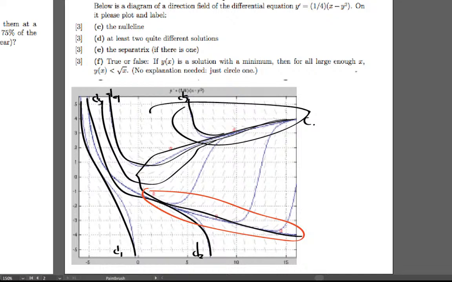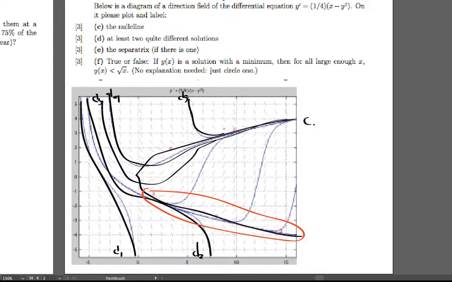Instead, we are talking about the null line. So in fact, that would be true, because every single solution will pass towards the parabola of y equals square root of x.